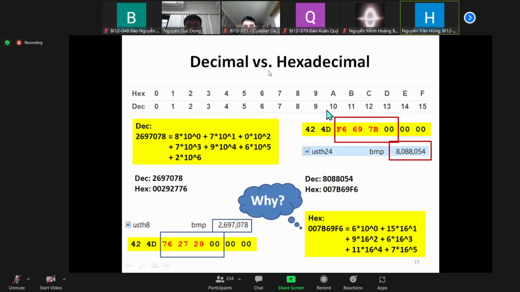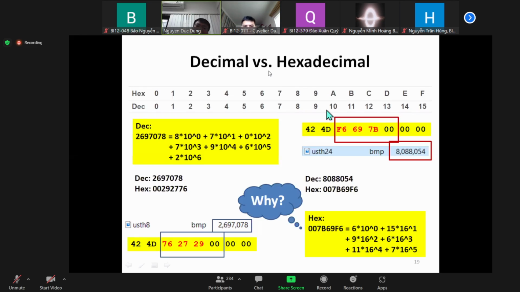So I think that instead of having both numbering systems in a system, we only have a single numbering system, so it would be easier for the computer to process the information. Yes, it said that.